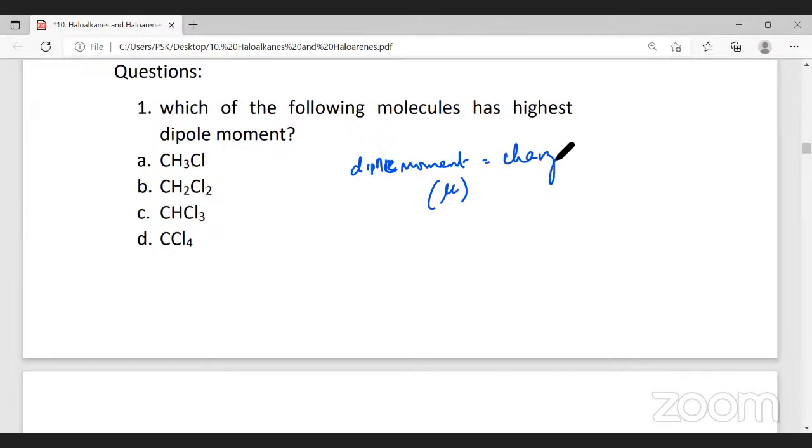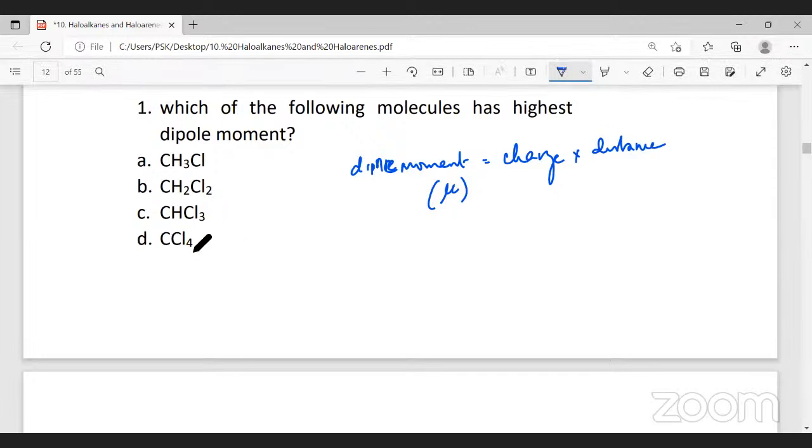Now, which of the following will have highest dipole moment? Chloromethane will have higher dipole moment than dichloromethane, which will have higher dipole moment than trichloromethane, and trichloromethane will have dipole moment greater than carbon tetrachloride. In all these, carbon is undergoing sp3 hybridization. The shape of the molecules will be tetrahedral.